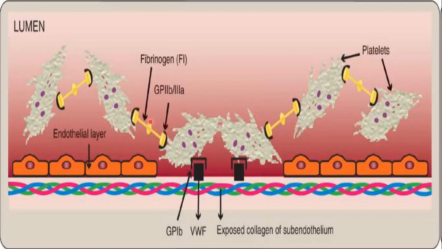Then fibrin will be stabilized by the fibrin stabilizing factor, factor 13, an enzyme, a transglutaminase, which usually forms an isopeptide bond between the amino acids lysine and glutamine. Okay, so I think we have come to the end.